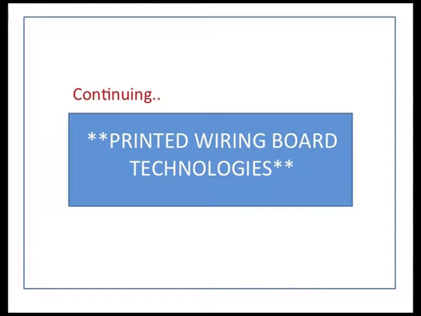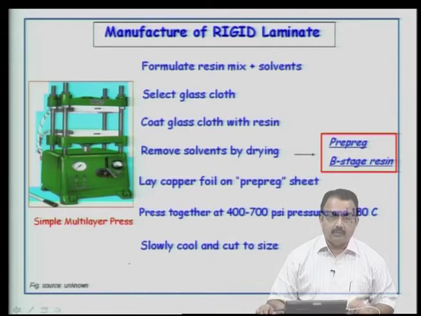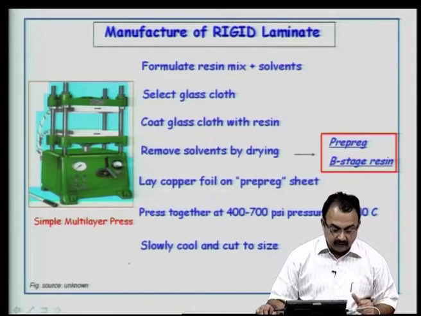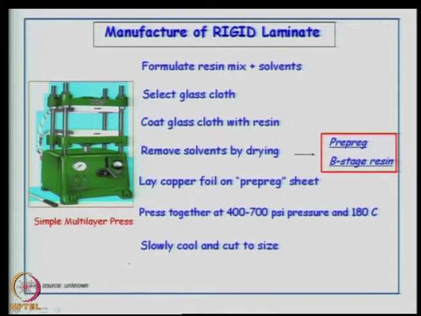We have seen that basically when we talk about copper clad laminates, there are essentially three components. If you can recollect, a copper clad laminate, CCL in short, will consist of three components. One is the copper, second is the organic resin, and third one is the filler component.